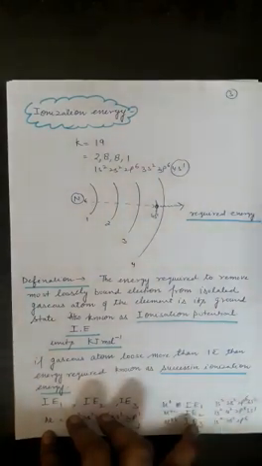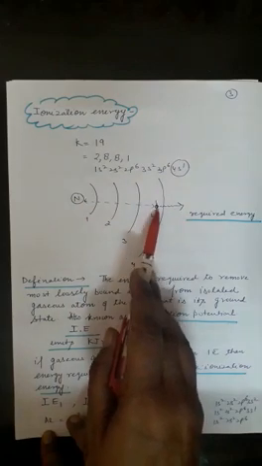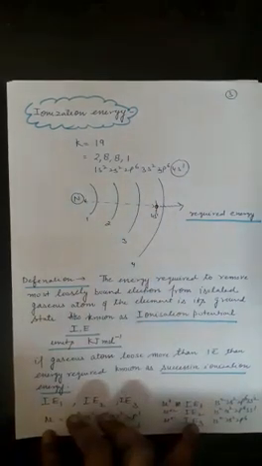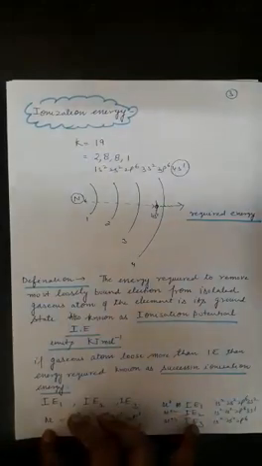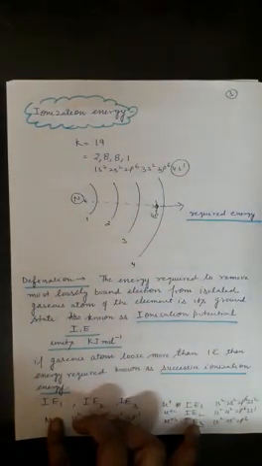I am repeating, the amount of energy required to remove the outermost loosely bound electron is called ionization energy or ionization enthalpy. Now the question arises, ma'am, why is energy needed?